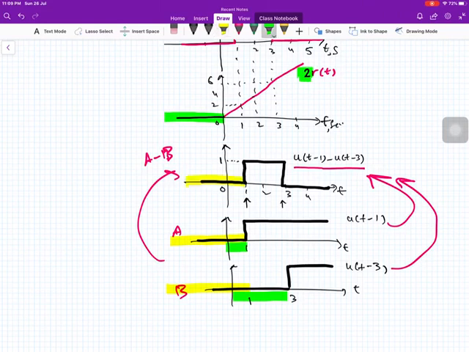And then from 1 second onward, A is 1, and B is 0, therefore A minus B is 1. Then for t equal to or greater than 3, A is 1 and B is also 1, 1 minus 1 is 0. So we have this signal.